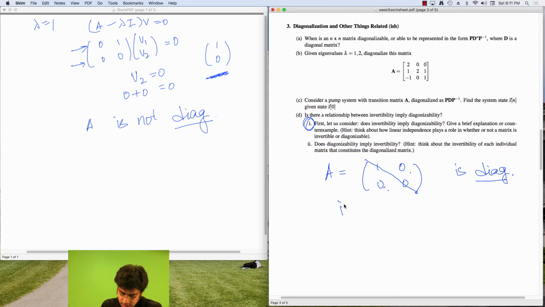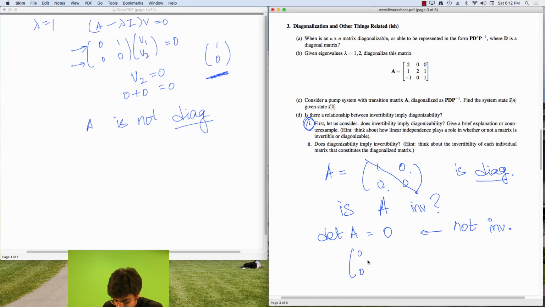And then I need to ask, is A invertible? And there are two ways to see this. You can solve for the determinant of A, which we see comes out to be 0. And then you conclude that if your determinant is 0, you are not invertible. On the other hand, you can also see that the second column, which is 0, 0, is 0 times the first column.